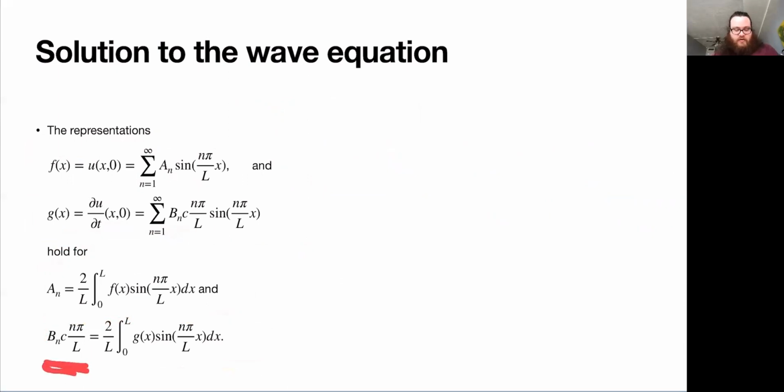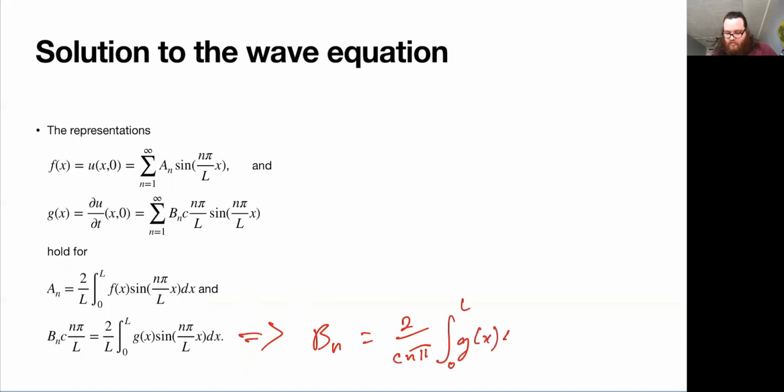So if this is the coefficient for the sine series, the formula tells us that this coefficient is equal to this expression. Of course, you can rearrange it and get what b sub n is equal to 2 over c n pi integral from 0 to L g of x sine of n pi over L x dx.